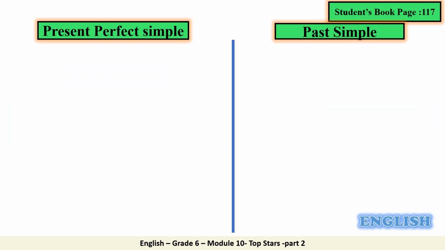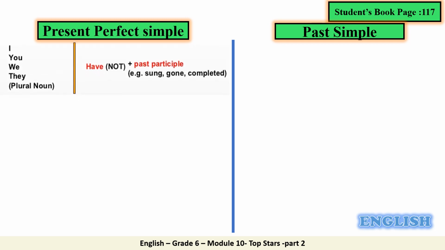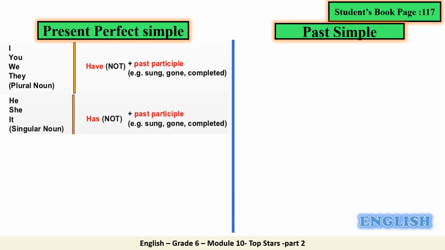Now, let's make a comparison between present perfect simple and past simple. Alright, so number 1, here we have the pronouns I, you, we, they, and the plural nouns, plus have and the past participle, which is the verb 3. In the negative form, we add not to the auxiliary verb have. Okay, and the singular form, he, she, it, and singular noun, has plus past participle.